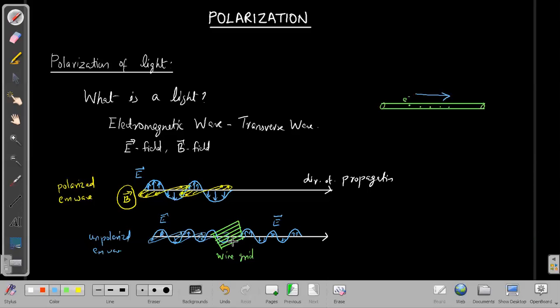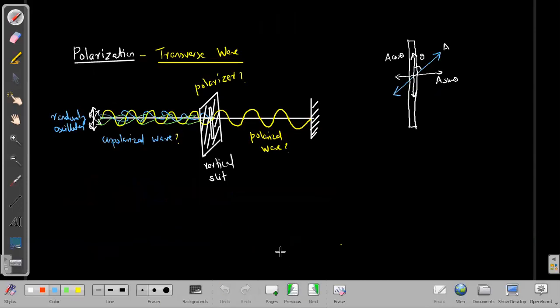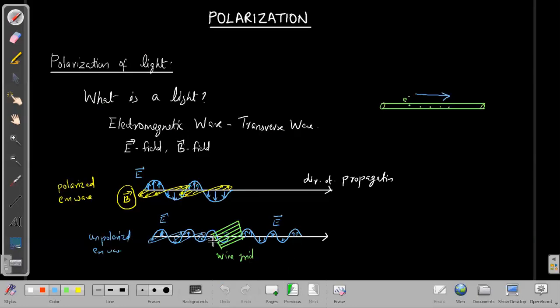So it is true, because the mechanism is entirely different. Here it is a mechanical wave and here we are blocking the horizontal oscillation mechanically, and in the second case it is an electromagnetic wave, and here we are blocking the horizontal oscillation of the electric field by just absorbing it, and we have a vertical electric field after that.